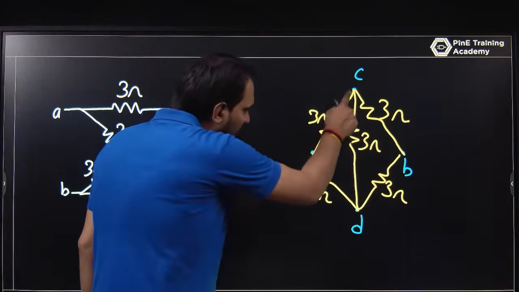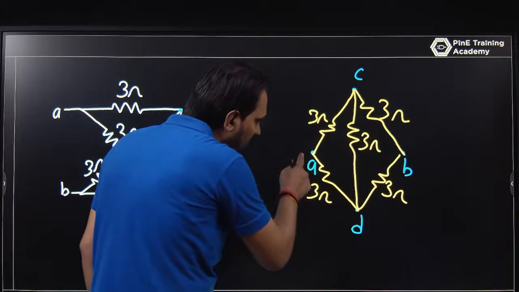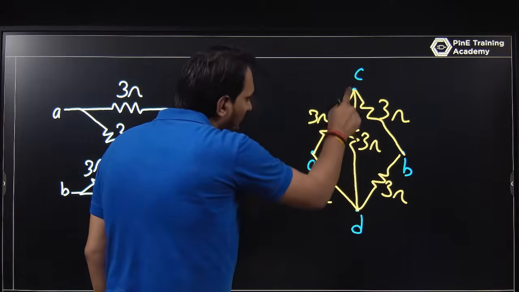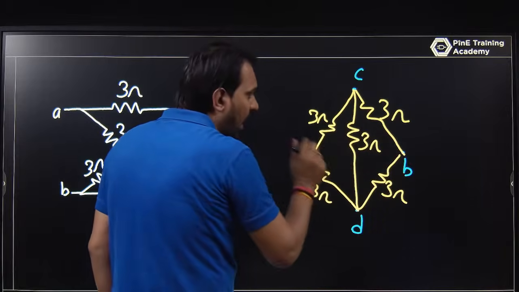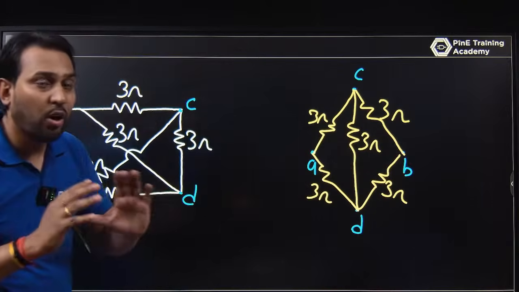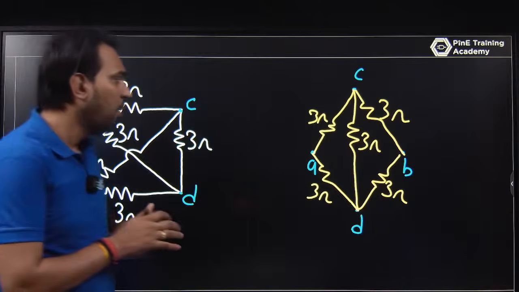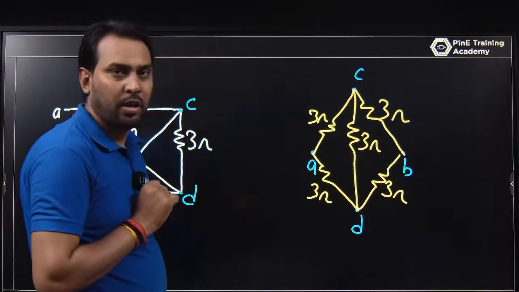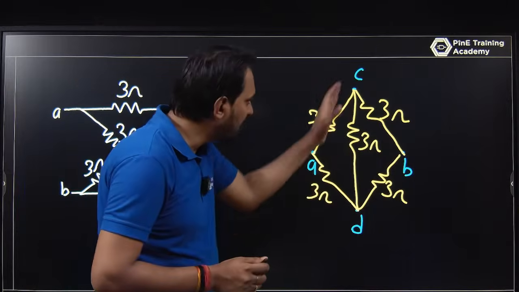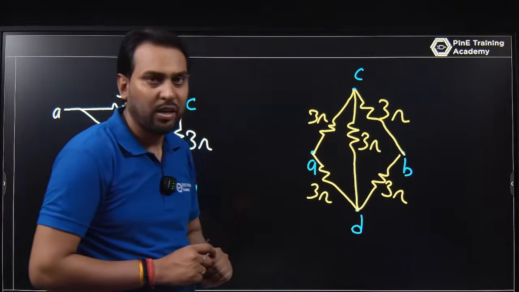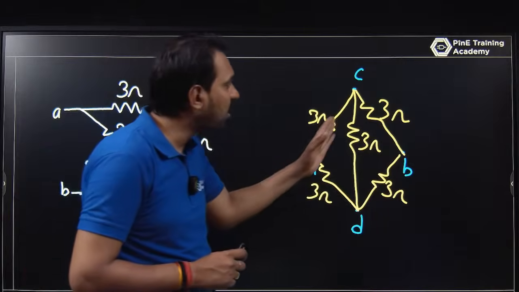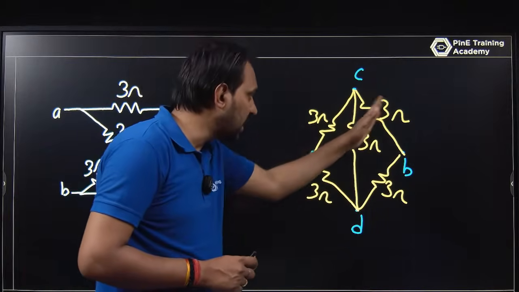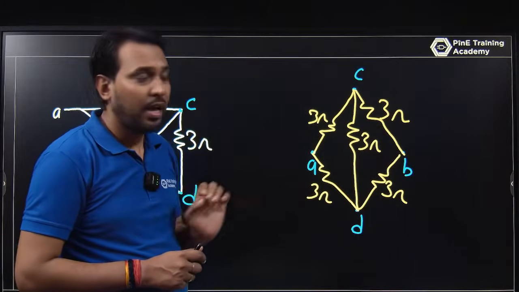If you look at this circuit, this is looking like a delta now. Why am I going for star to delta and delta to star? Because this 3 ohm is a problem. This is a connection in between C and D. We cannot say that this 3 ohm is in parallel with this one.